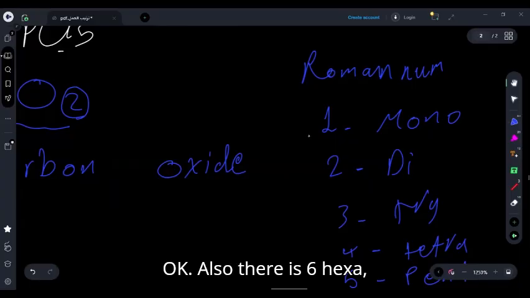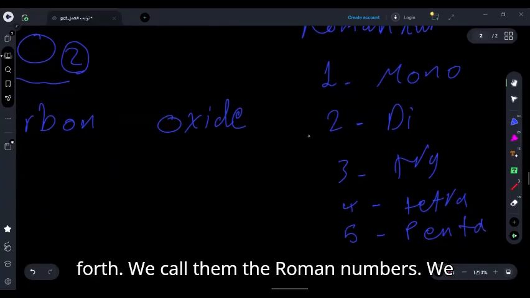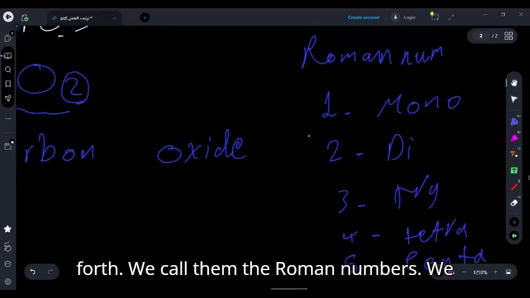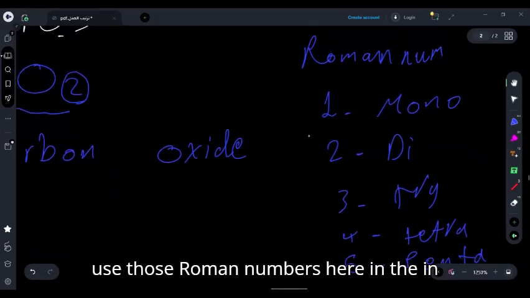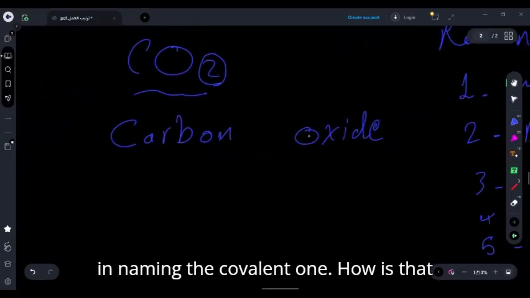Also there is 6 hexa, 7 hepta, 8 octa, and so forth. We use those numbers in naming the covalent one.